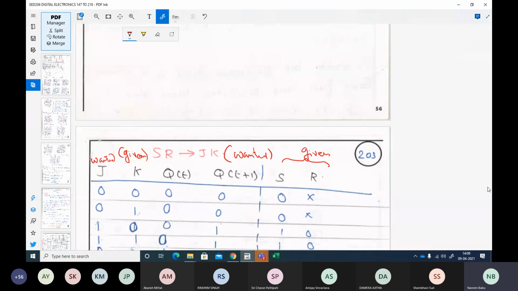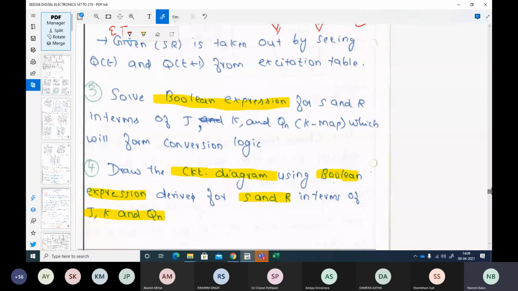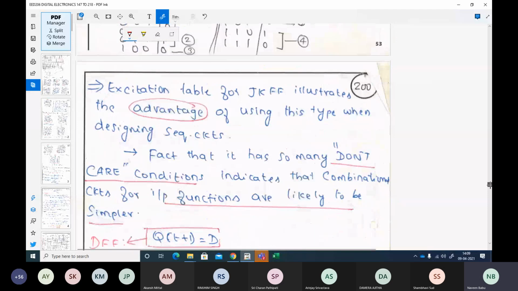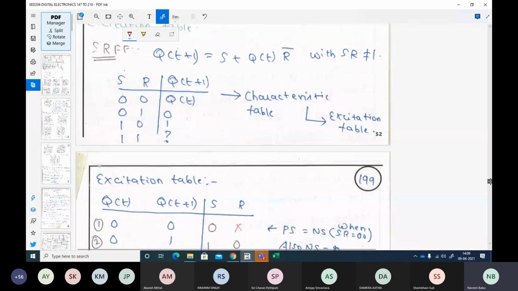Quickly let me scroll up to the characteristic table, the excitation table of a JK flip-flop. Can I scroll? Just a minute. Yeah, I'm going to the excitation table of a JK flip-flop. Where is the excitation table?